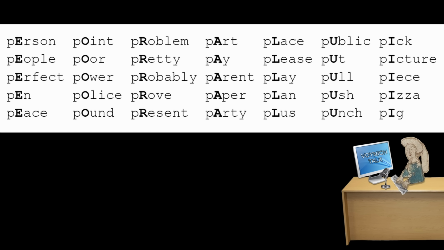It could be A as in park, E as in pet, I as in picture, L as in play, O as in poster, R as in print, U as in publish. If we allow words that originally came from Greek, we can even include H, S and T as in photo, psychology and pterodactyl. There are just too many options, several of them quite likely, and it doesn't end there.